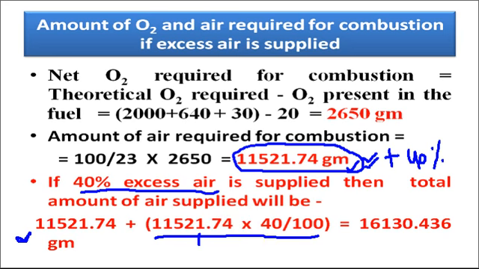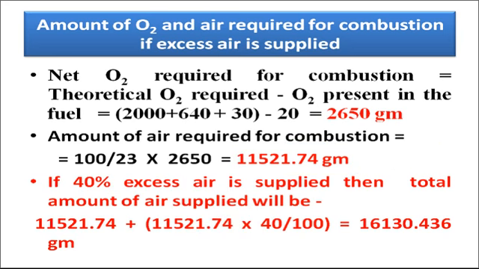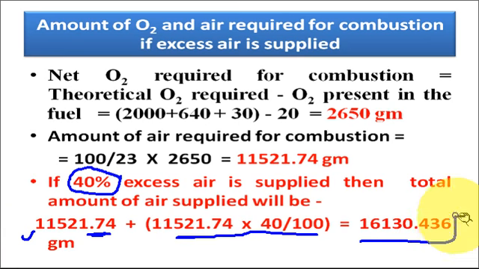So the total amount of air supplied is the minimum amount of air supplied plus the excess amount. What is the excess amount? Whatever percentage is given in the numerical, we have to multiply this percentage by the minimum amount of air supplied. So this is the excess amount of air supplied. Now add this excess amount to the minimum amount to get the total amount of air supplied for the combustion.